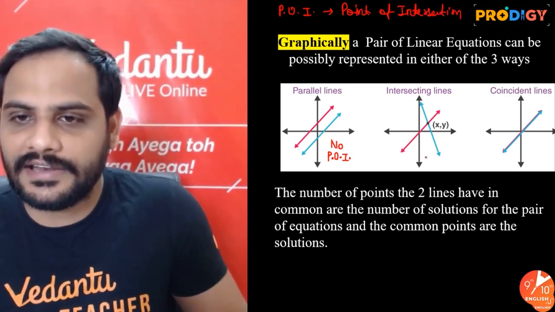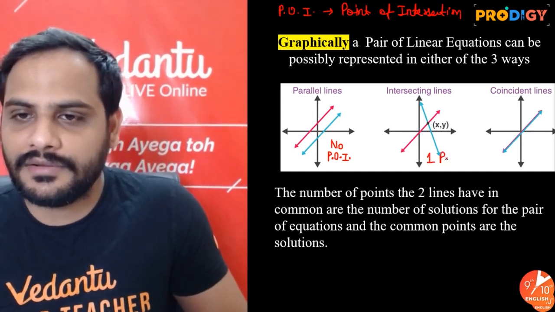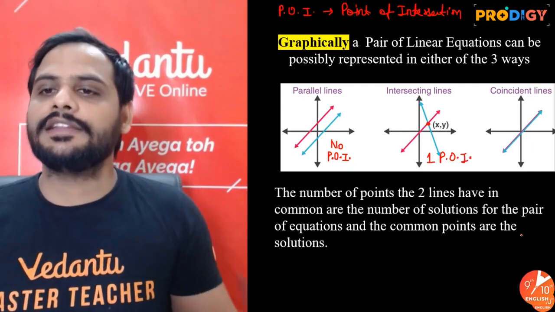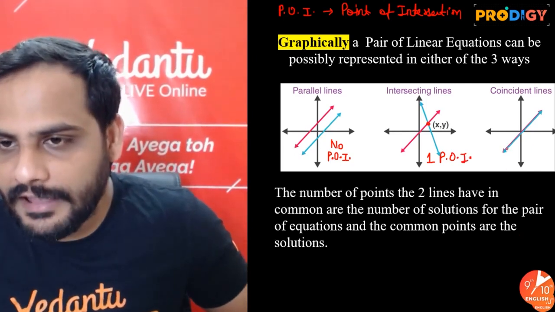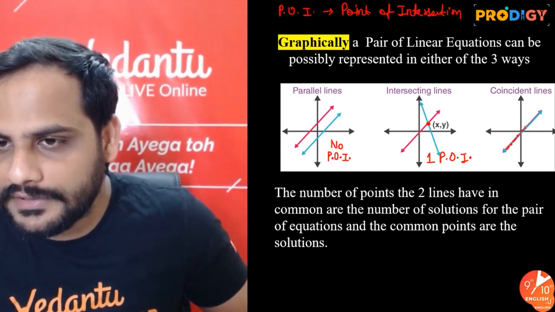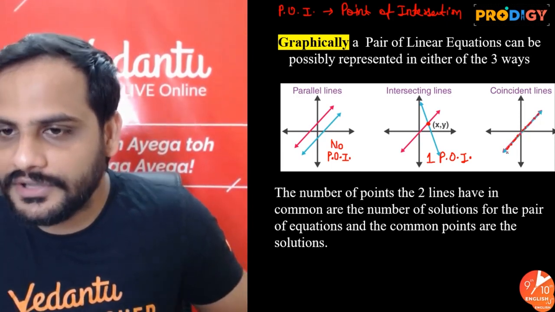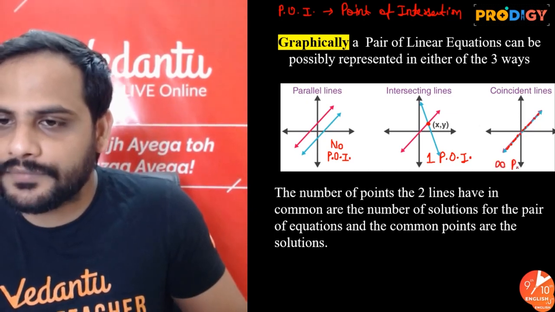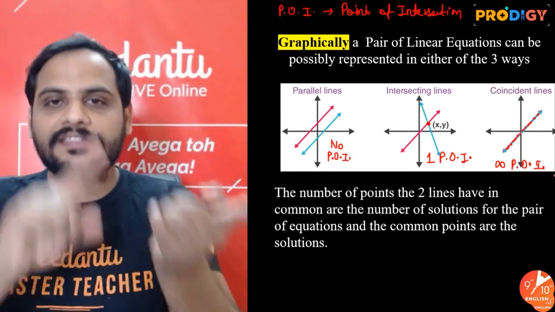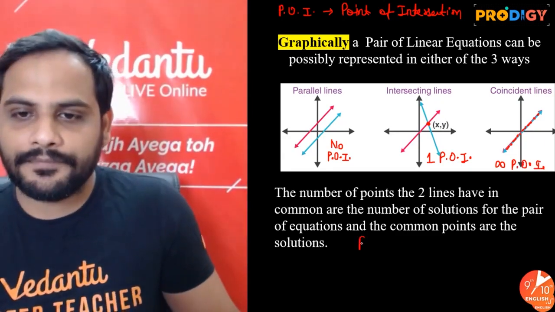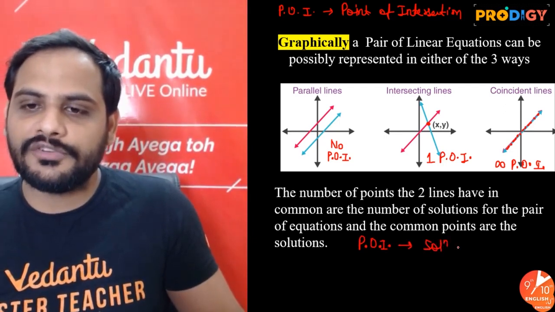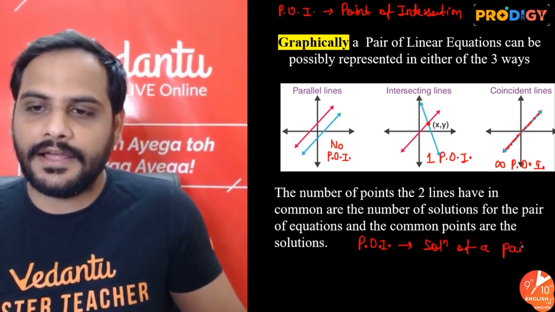In case of intersecting lines, there will be one point of intersection. And in case of coincident lines, every point is a common point. At every point they are intersecting because they are on top of each other. So there will be infinite points of intersection, and the point of intersection represents the solution of a pair.